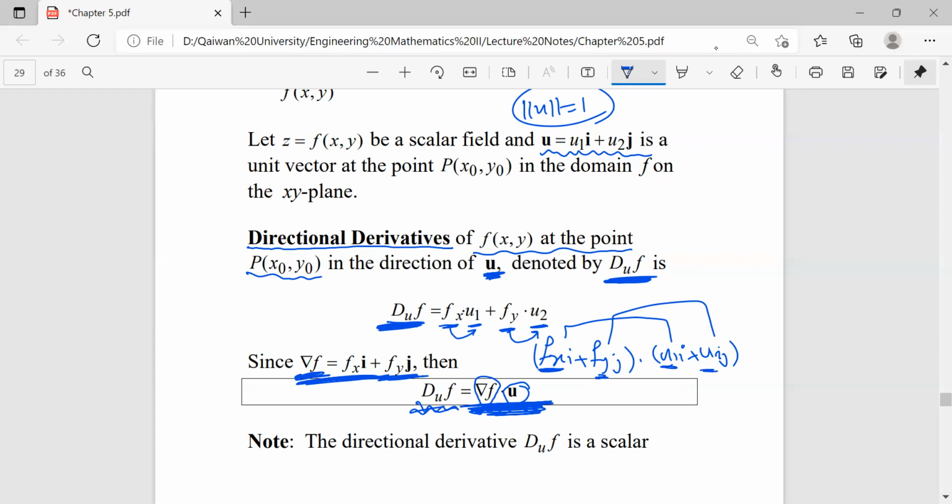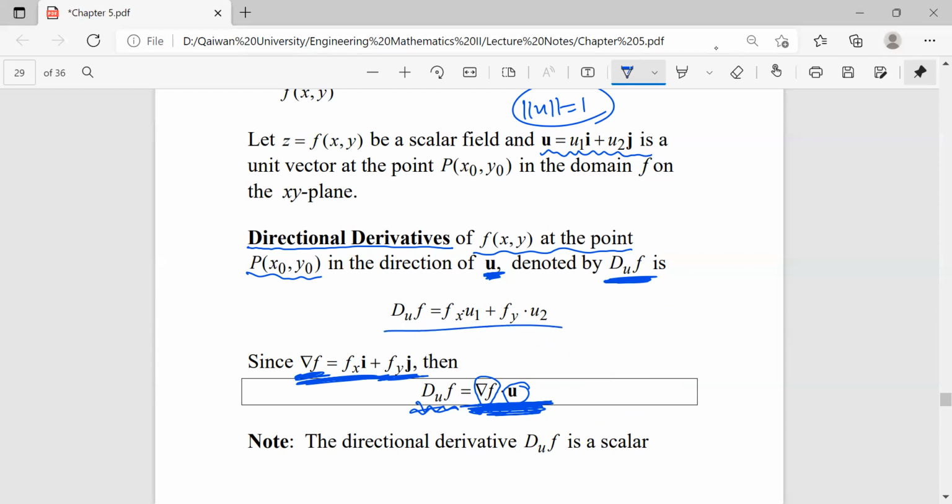We have no i and j here because i times i is 1 and j times j is 1. That's why we just get f sub x times u1 plus f sub y times u2. This is grad f and this is the unit vector. So the dot product of the gradient of the function with the unit vector is the directional derivative. You can just write down that.